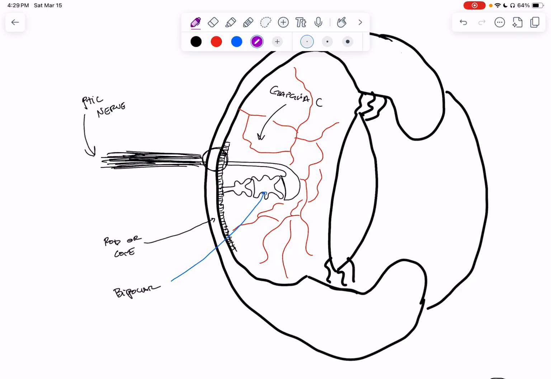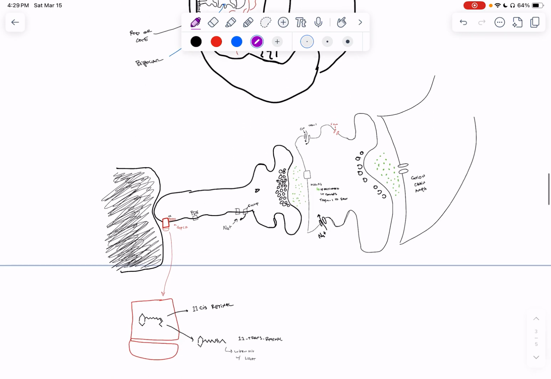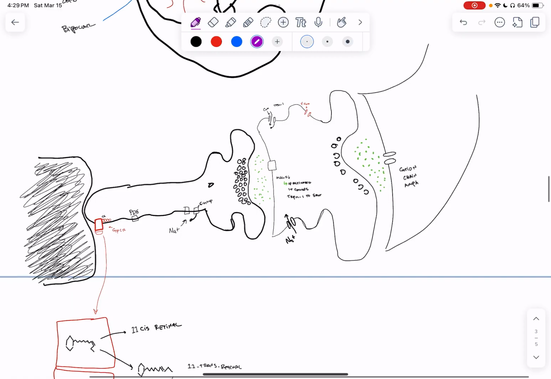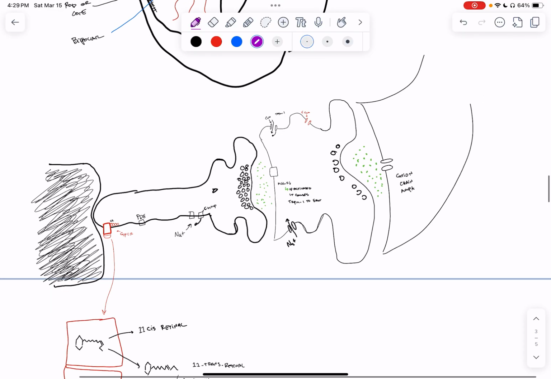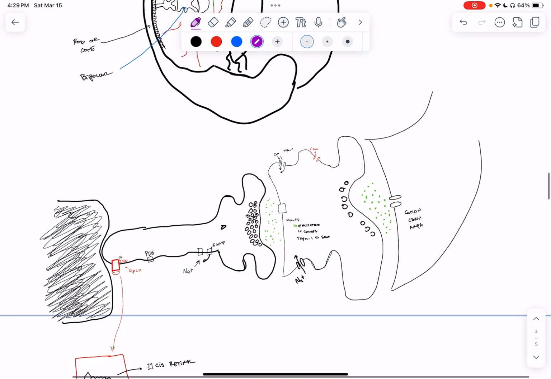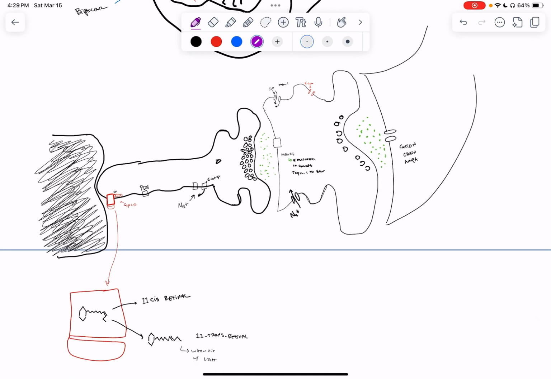The ganglia cell also has a role in changing neurotransmitter release to tell the brain whether it's seeing light or dark. So here I have drawn up a rod and a cone connected to a bipolar cell, which is then connected to a ganglia, and I'll talk about how the eye communicates light to the brain.